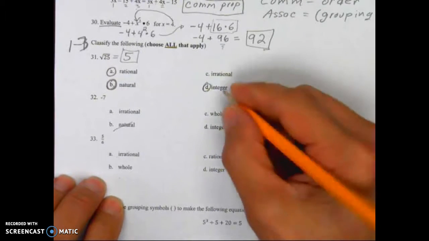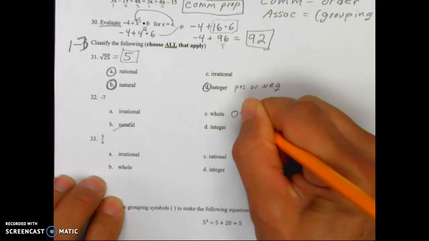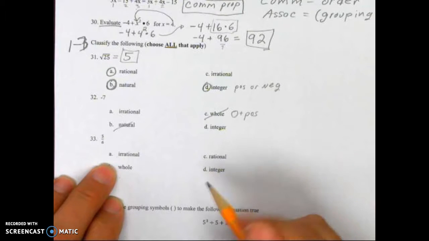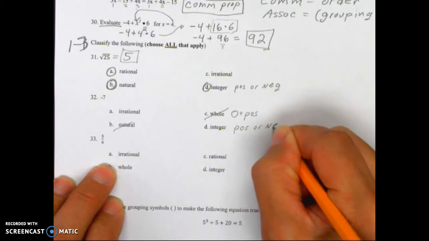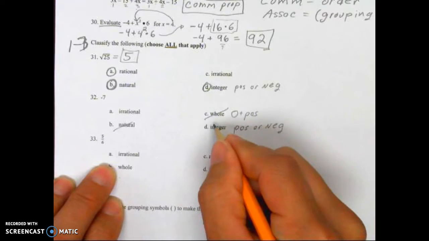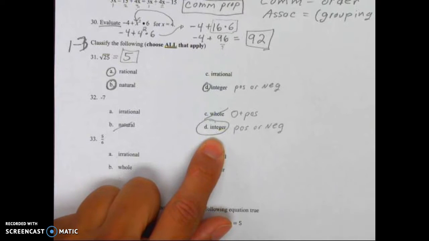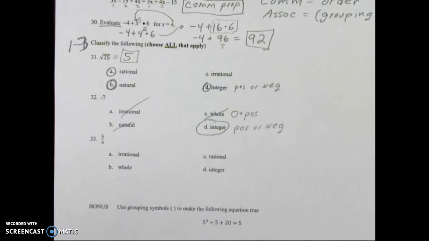So whole numbers are just 0 and then positives. And so it's not a whole number. Now, is it positive or a negative number? Well, it's a negative number, so it is an integer. And if it's an integer, that means it makes sense, it's rational, so it's not irrational. So the answer is D.